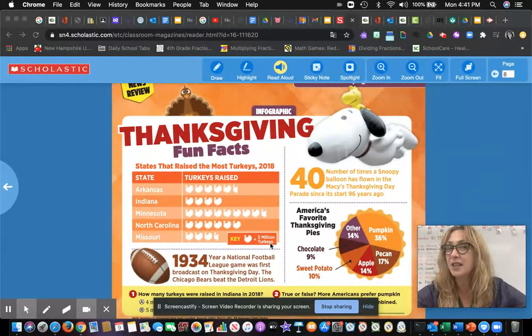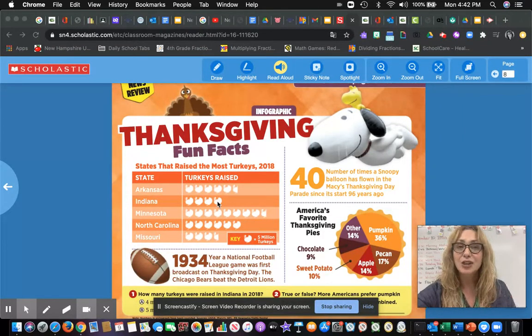Let's see if this makes more sense when we take a look at Indiana's turkey count. 5, 10, 15, 20 million turkeys. Doesn't that make more sense?